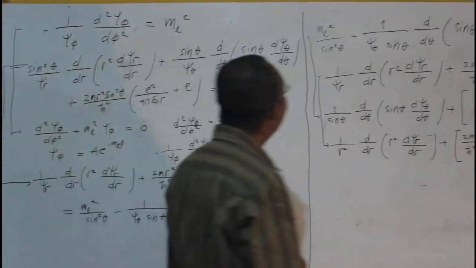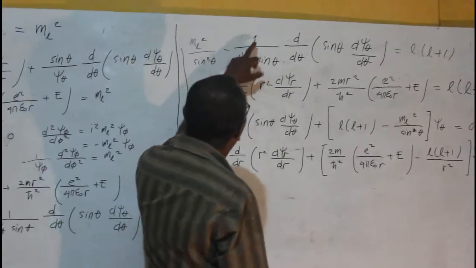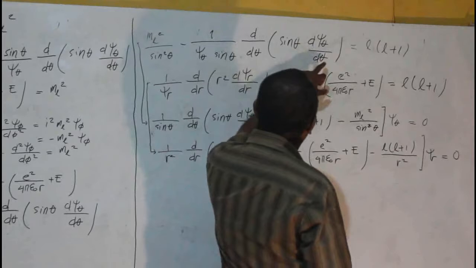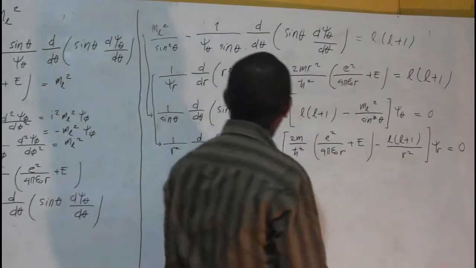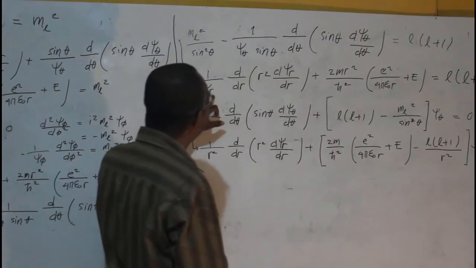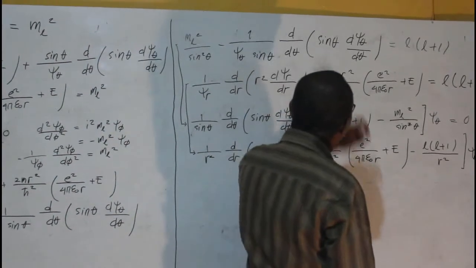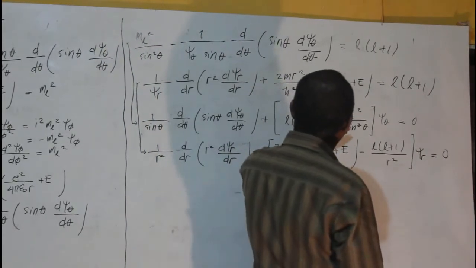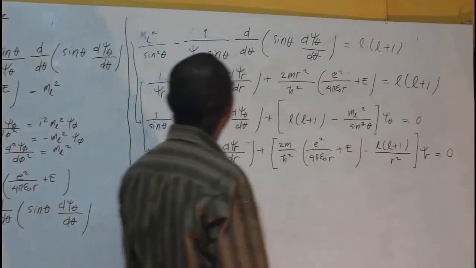Thus we write ml² over sin²θ minus 1 over ψθ sinθ times d/dθ of sinθ dψθ/dθ equals L(L+1), and 1 over ψr times d/dr of r² dψr/dr plus 2mr² over ħ² times (e²/4πε₀r + E) equals L(L+1).